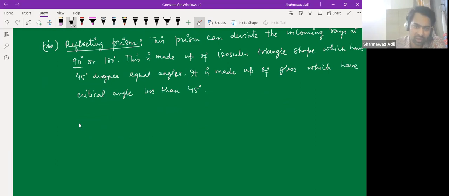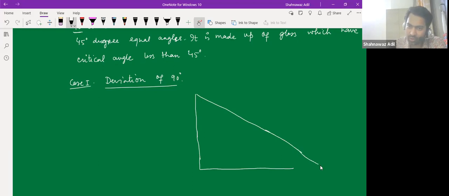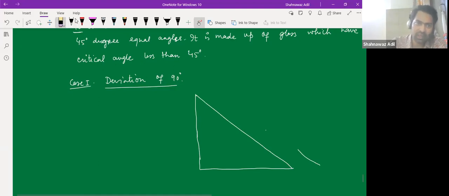So let us see how this reflective prism can deviate at 90 degrees, right? So the first case, deviation of 90 degrees. So you have this prism, and the incoming rays are going like this.